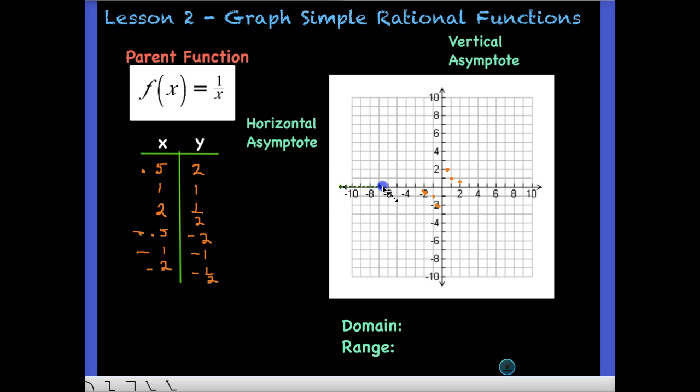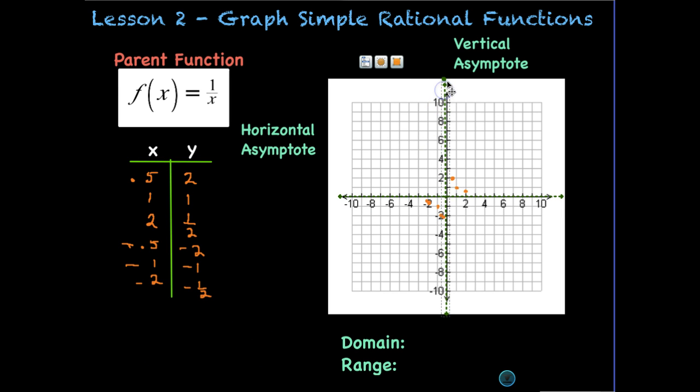So what I'm going to do is I'm going to put in a dotted line here for my horizontal asymptote, and then I'm also going to put in a line up here for my vertical asymptote. And these will be my guide to help me when I draw my legs. Okay, now let's go back and finish drawing our legs.